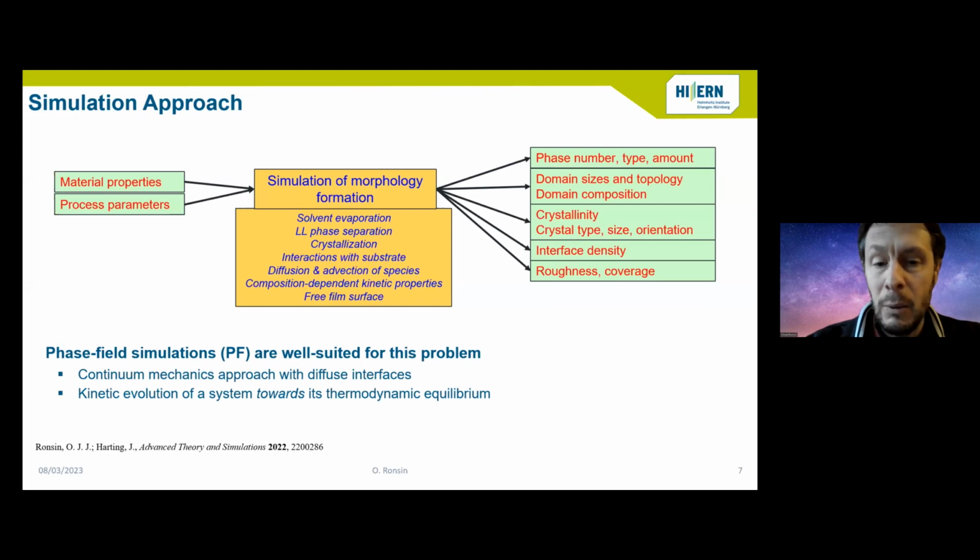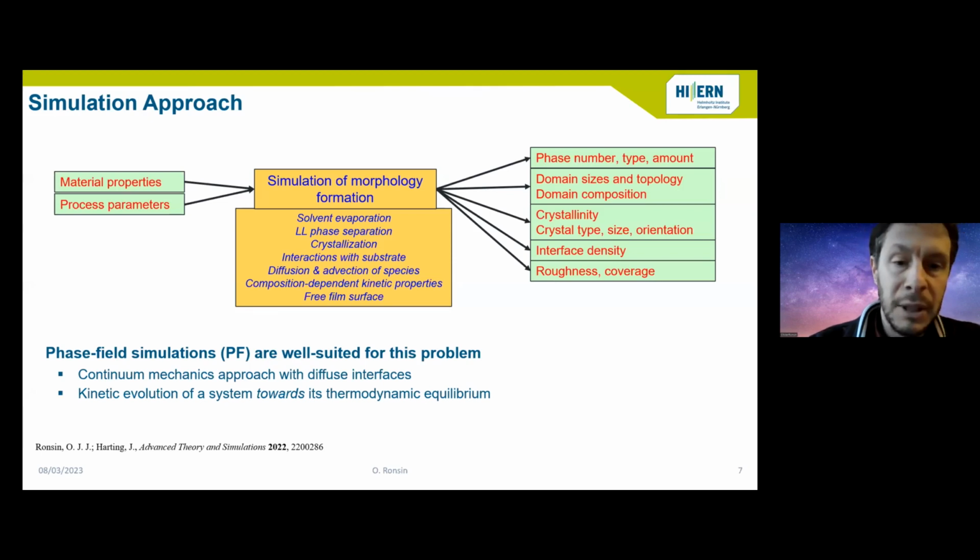And one interesting feature of this approach is that all the interfaces we'll have in the systems are described as diffuse interfaces, not sharp interfaces, which makes it very easy to handle them, basically, from a numerical point of view.